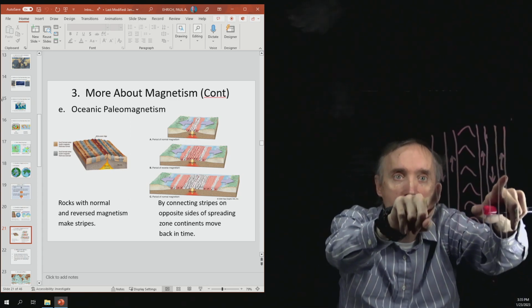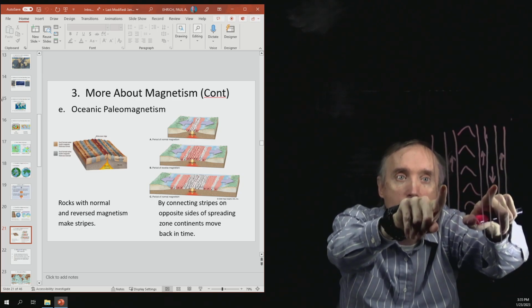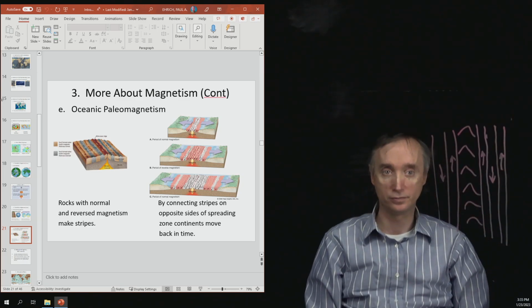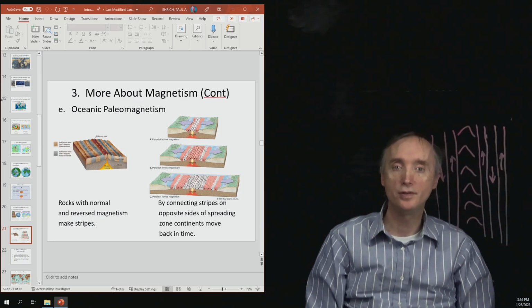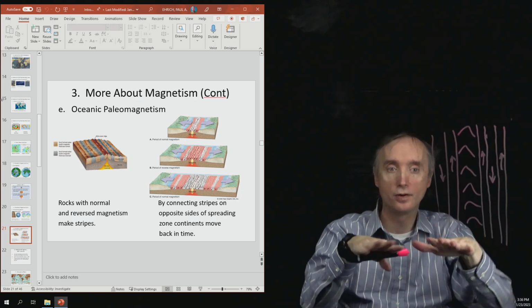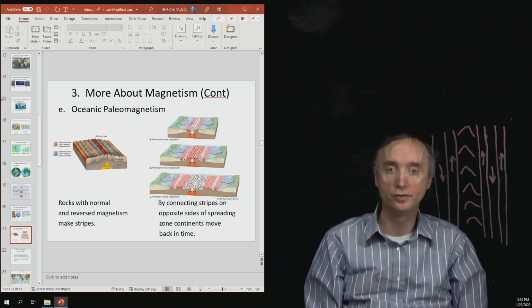And if you take these two stripes, this one and this one, and you put them together, it makes the continents get a little bit closer. So by putting these stripes together, we have, again, mapped out where the continents are located and how they have moved around.